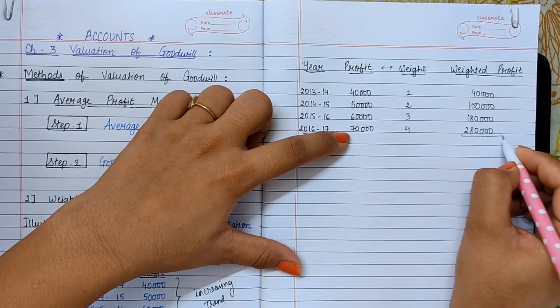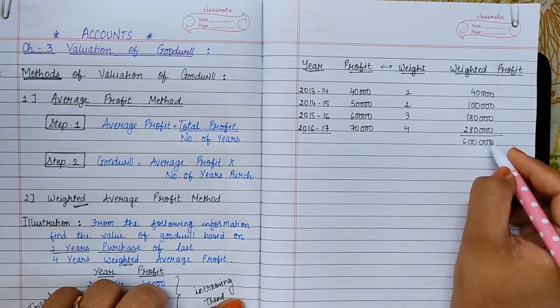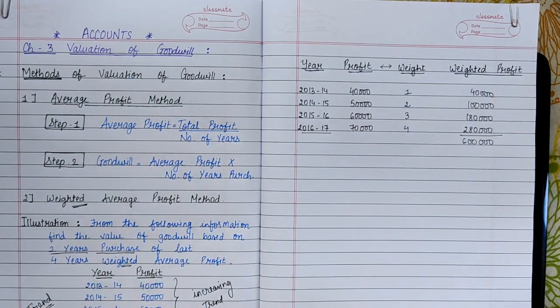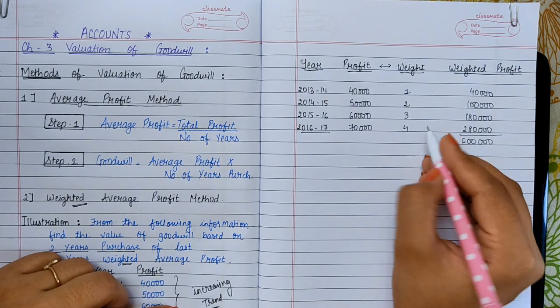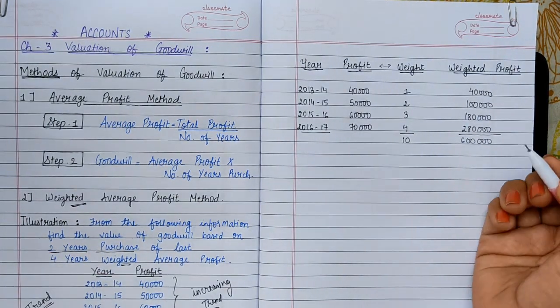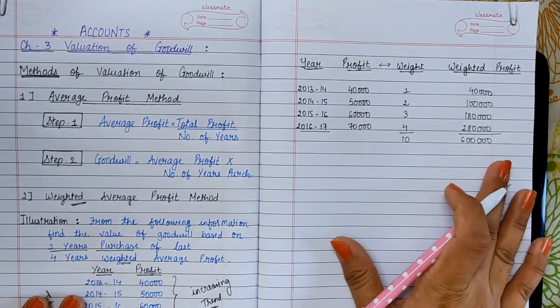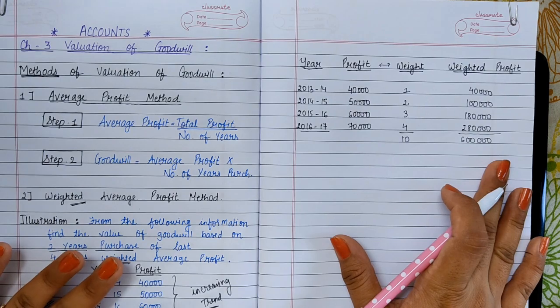And then we will make the total here, 6 lakhs. And what is the total of weights? It is 10.